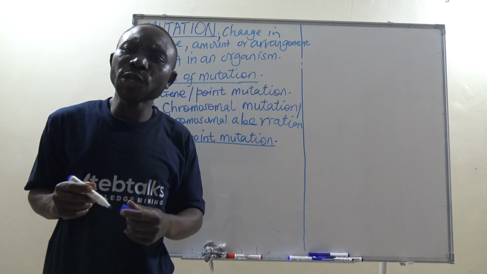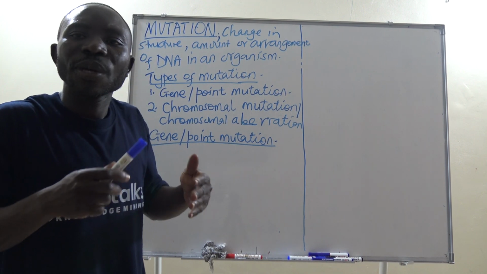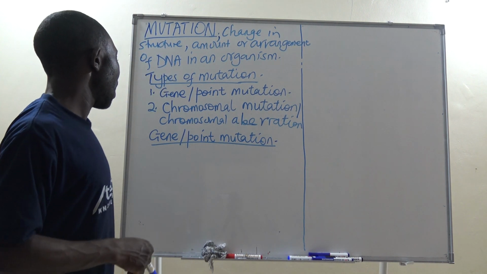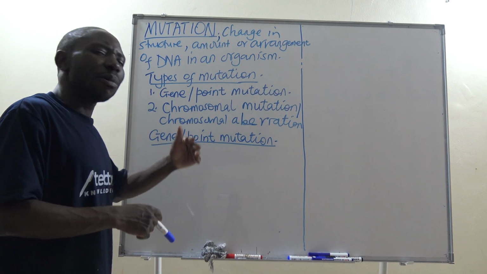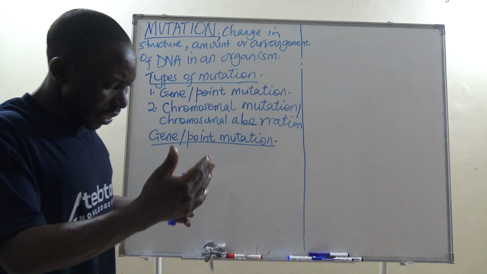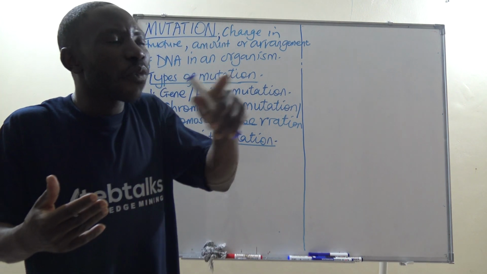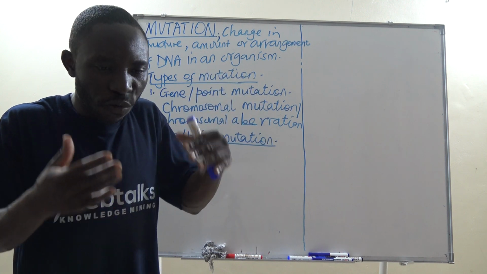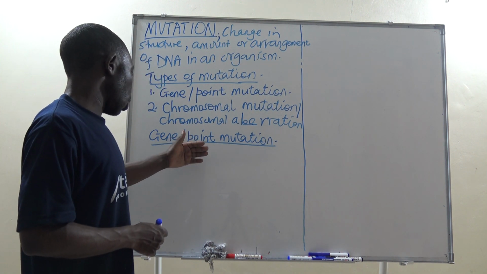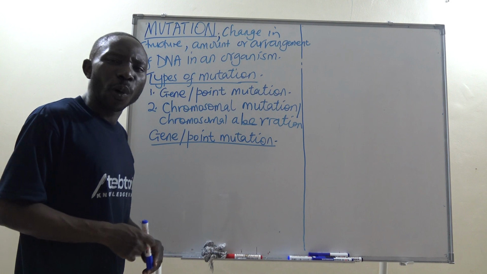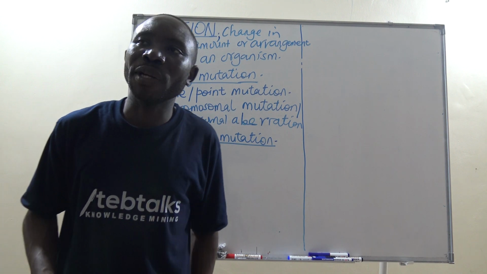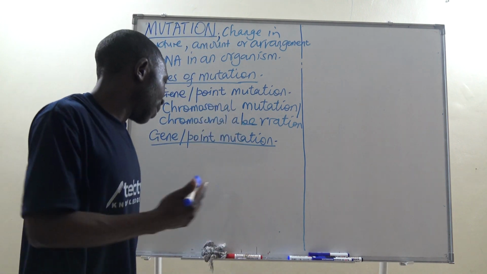Now, this is a mutation which occurs within the DNA molecule or in the genetic material. Because gene mutation involves change in the nucleotide, or change in the sequence of bases on DNA, it is also called point mutation because it occurs specifically within a triplet that codes for a particular amino acid and hence a protein.